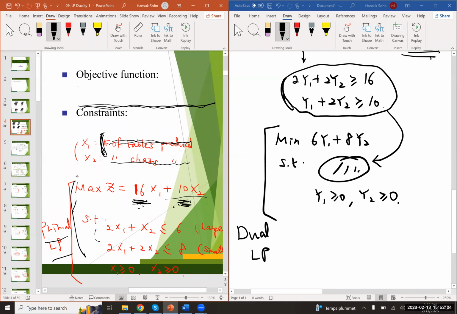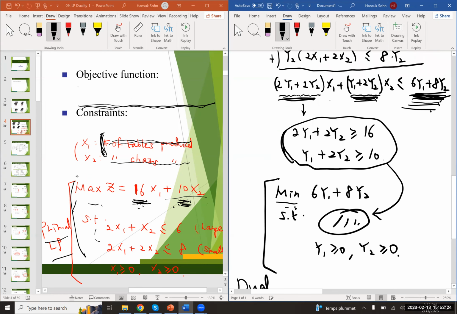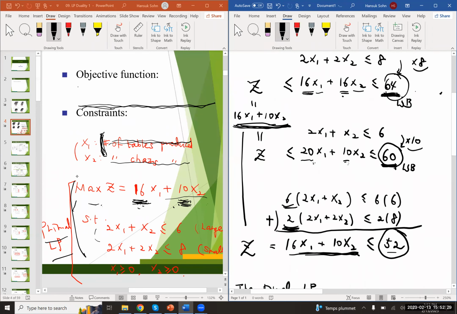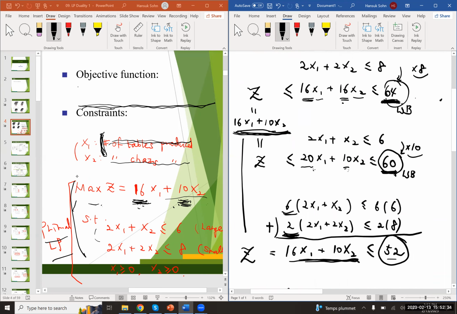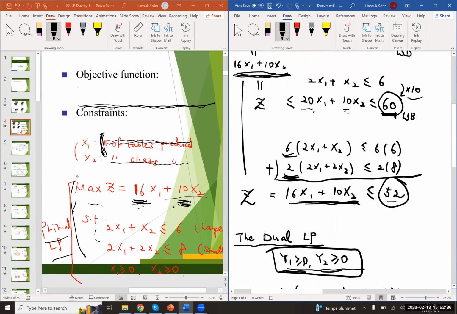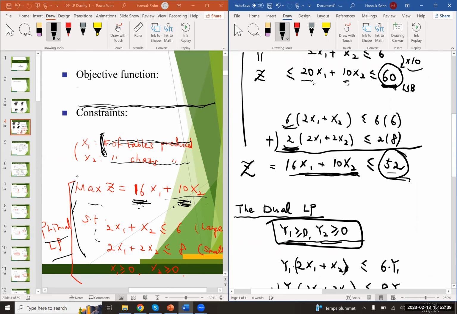From this example, a dual of the maximization problem can be thought of as trying to minimize the upper bound, from infinity down to the maximum, which is 52 in our case.